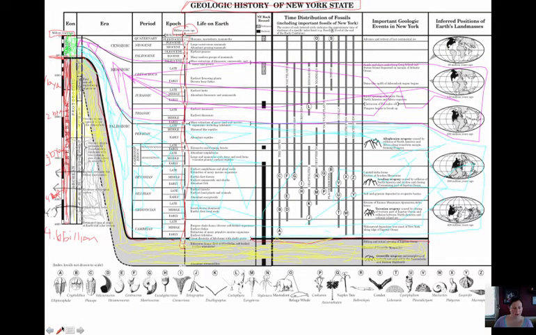And last but not least is the current era, the Cenozoic, which I'm going to see if I've got another blue, which I do. Okay, and we're going to color this Cenozoic in blue, all the way across, including this most recent period of time, all the way to the top.